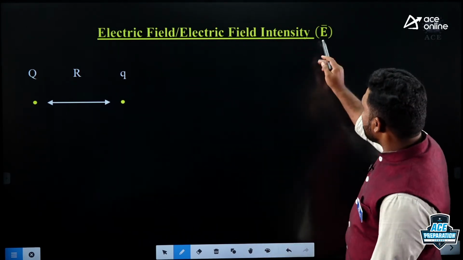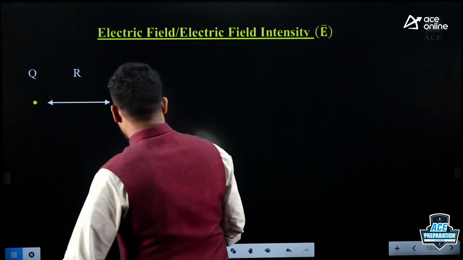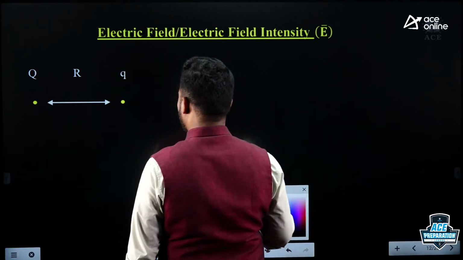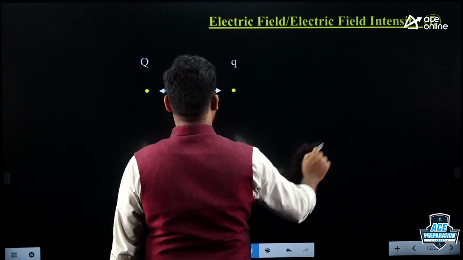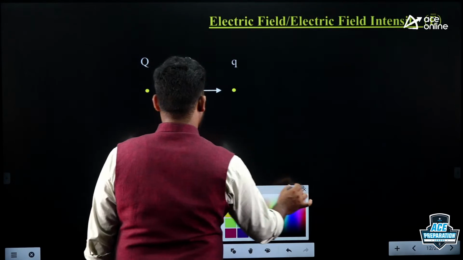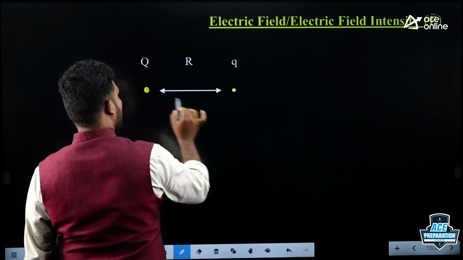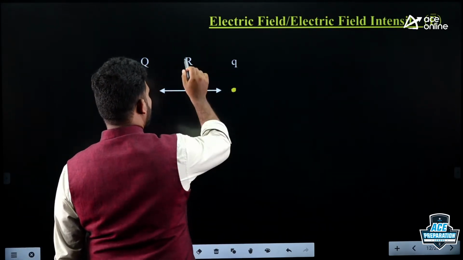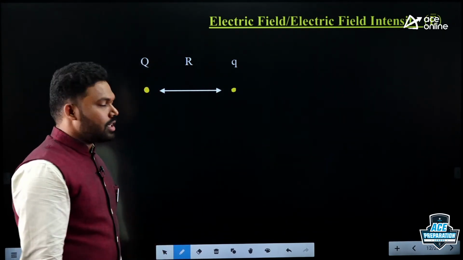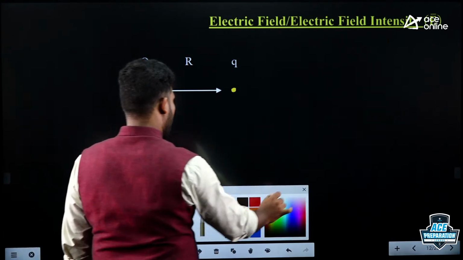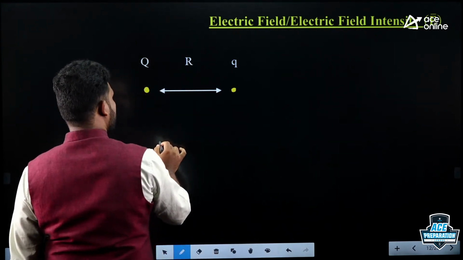It is represented with E. If you consider two charges, big Q and small q, displaced at a distance r, then what is the force between them?